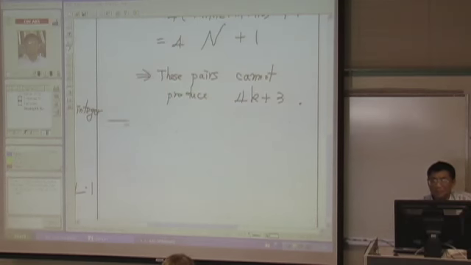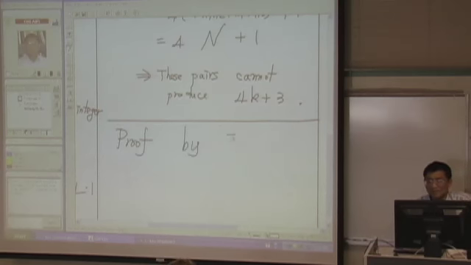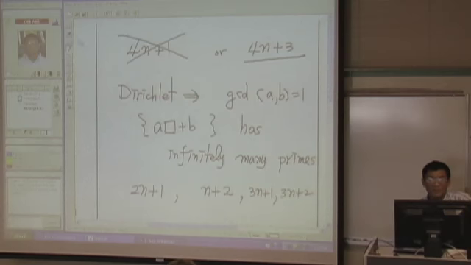Now using this, I will prove it. So as you have seen, proof by induction. Proof by induction, but you should know what we are proving. The statement is this. There are infinitely many primes of this pattern, right?